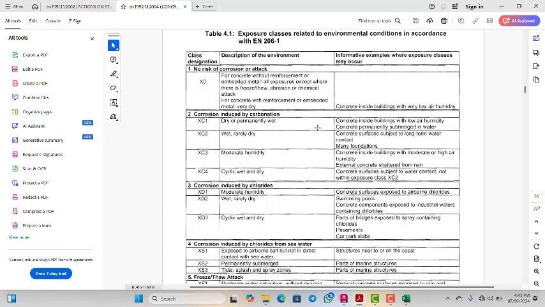For instance, the normal residential building is either dry or permanently wet. So when you look at the condition, it actually occurs in some of these residential buildings that it is either dry or maybe the building can be permanently wet.